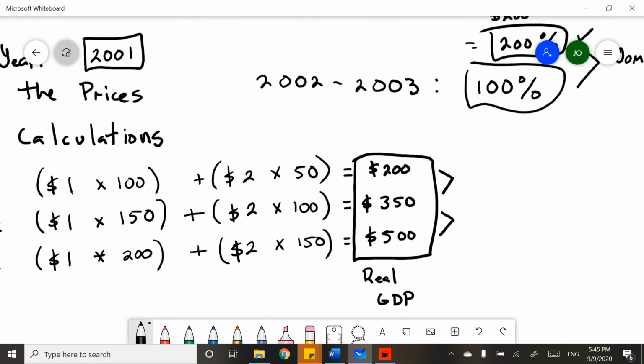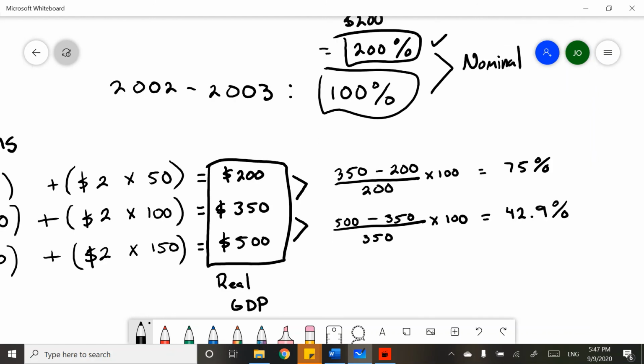From 2001 to 2002, we have 350 minus 200 divided by 200 times 100. And from 2002 and 2003, we have 500 minus 350 divided by 350.